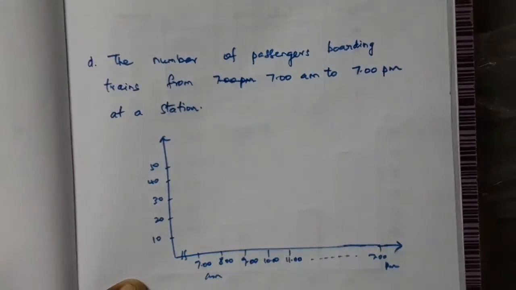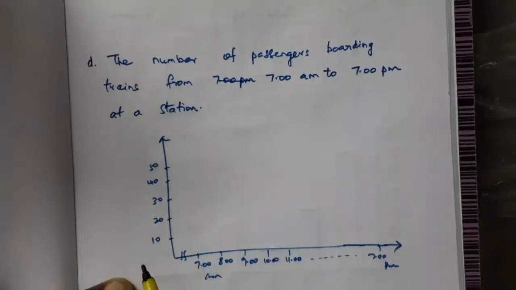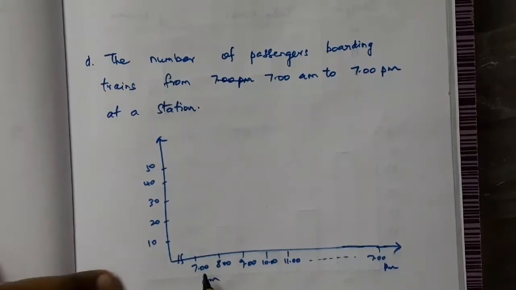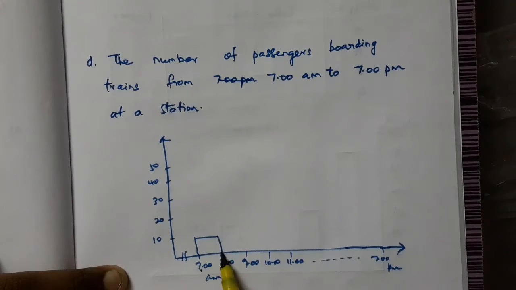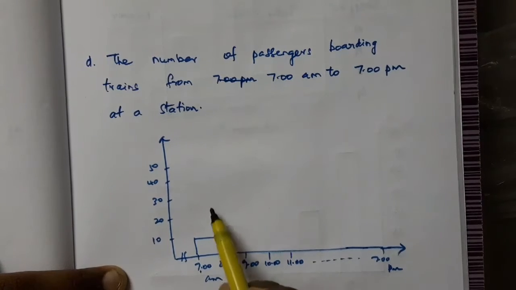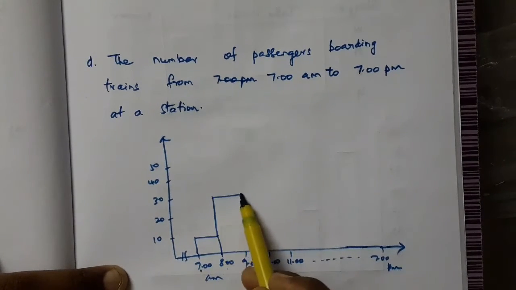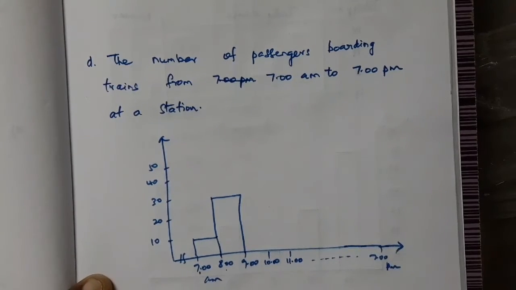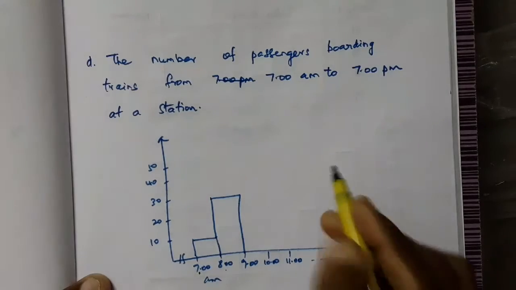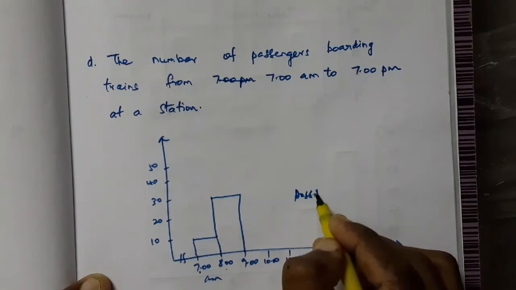Here it is the time and here it is the number of passengers. From 7 am to 8 am some 10 passengers board the station, and from 8 to 9 some 30 passengers board. Like that we can plot. So if the given data can be classified into class intervals, then it is possible to plot the histogram.